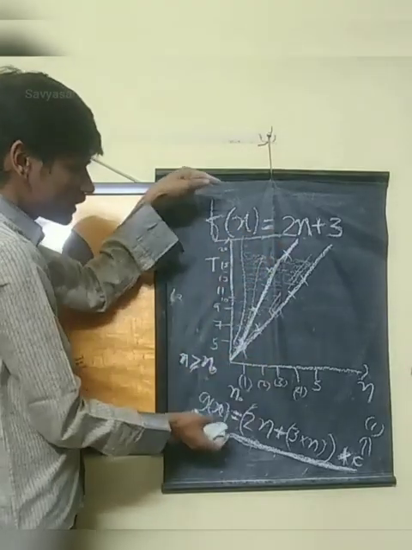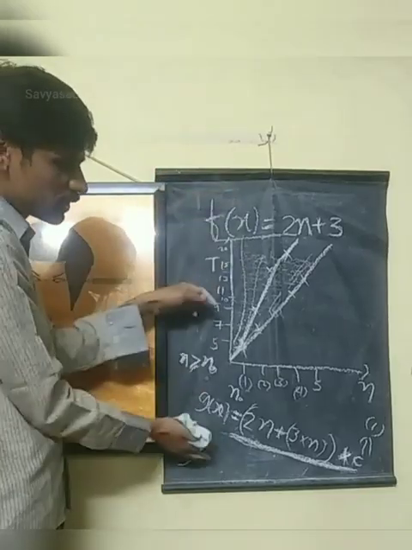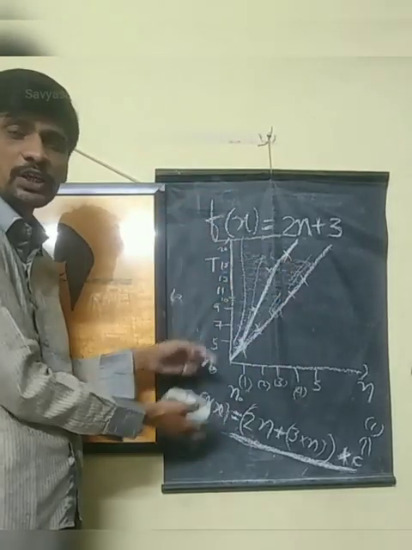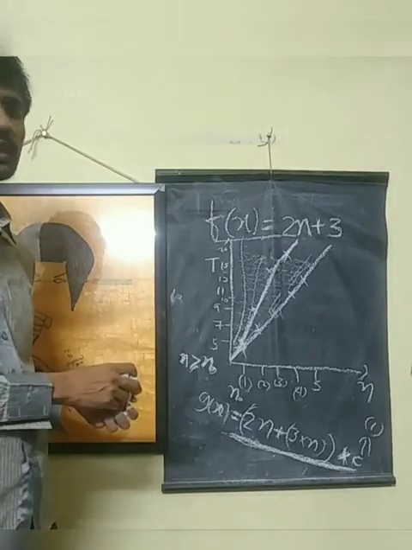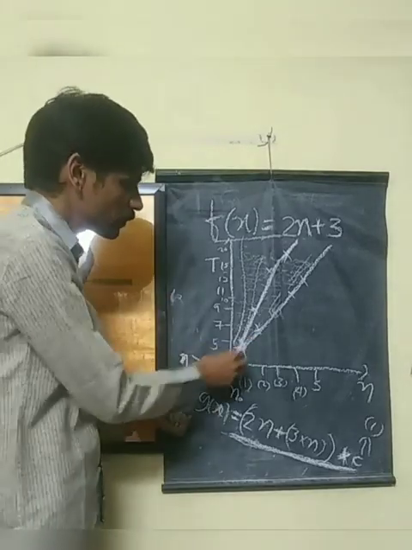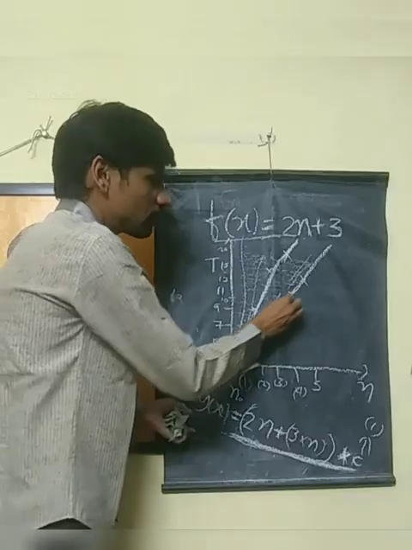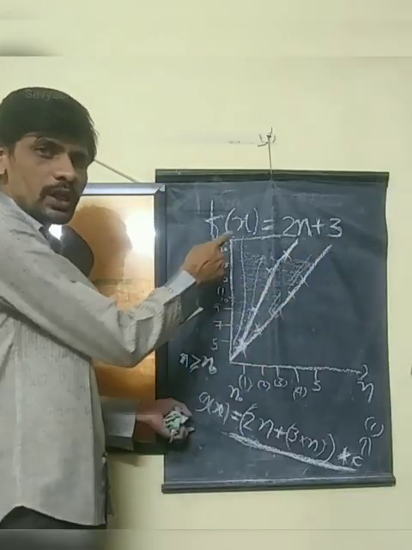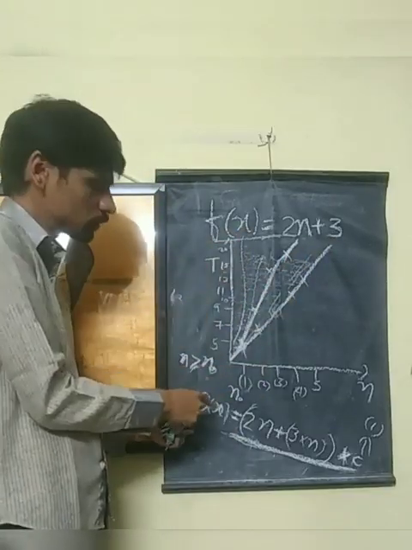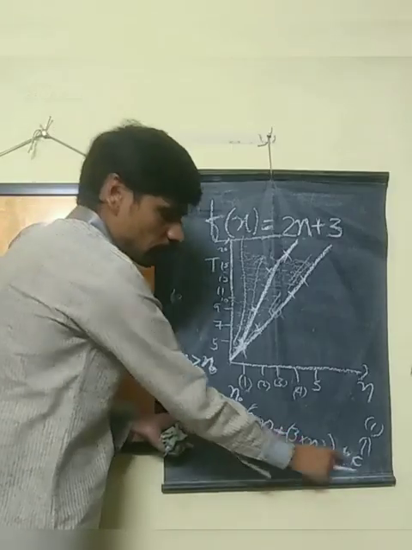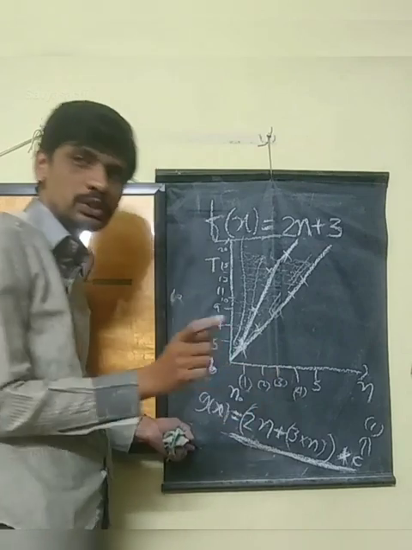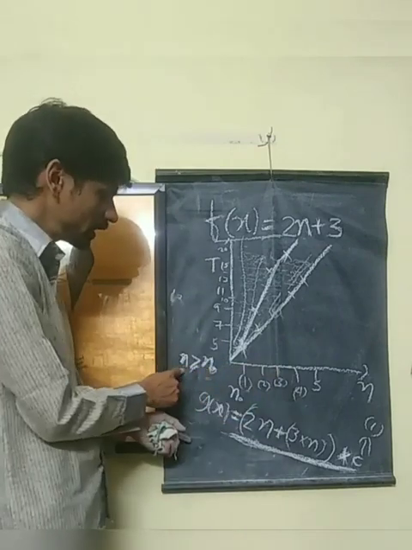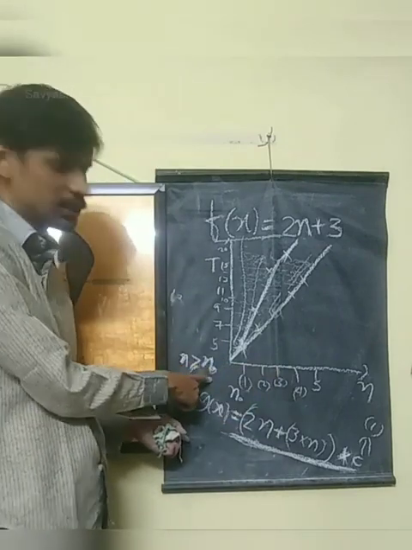We will convert this picture into a formula, or one definition of big O notation. So what is meant by big O notation? When you have an f of x, that f of x is less than or equal to g of x multiplied by a constant, such that n and c are always positive numbers, and n is greater than or equal to n0.